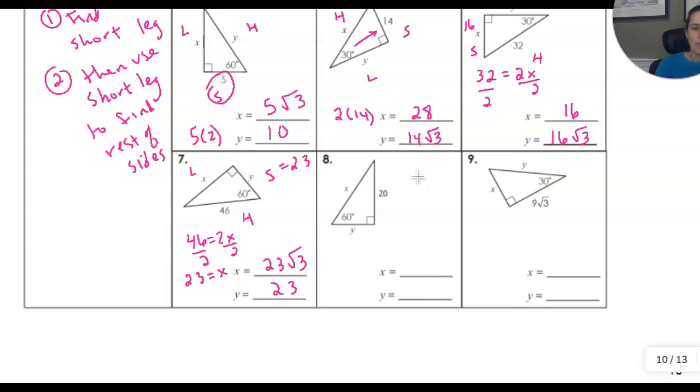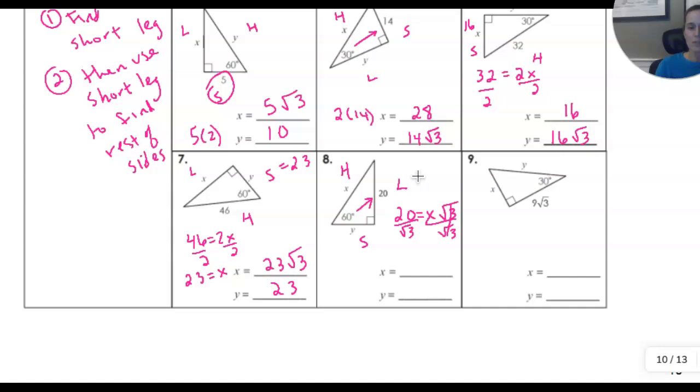In this next example, you'll notice that 20 is the long leg, y is your short side, and x is your hypotenuse. So this is the tricky part because we're given the long leg. So the rule is the long leg is equal to your short side, which is x, times radical 3. So in order to solve, I would divide by radical 3 on both sides.